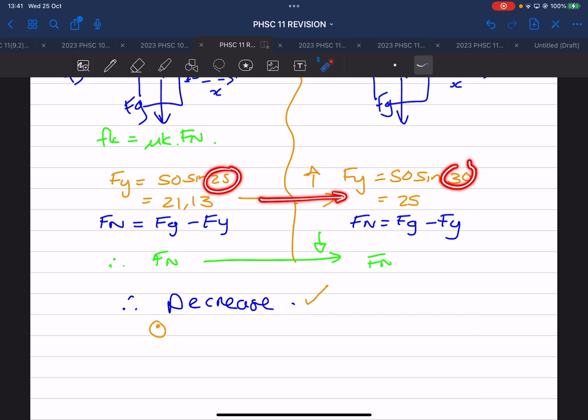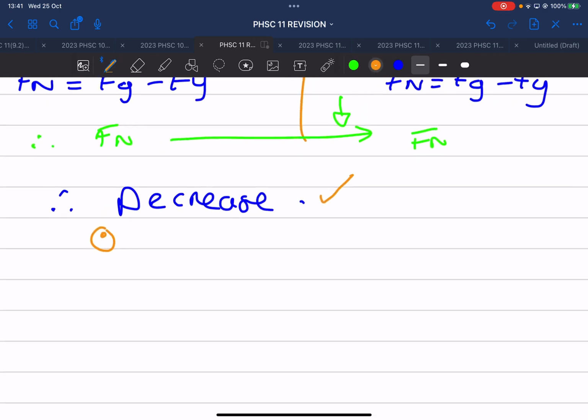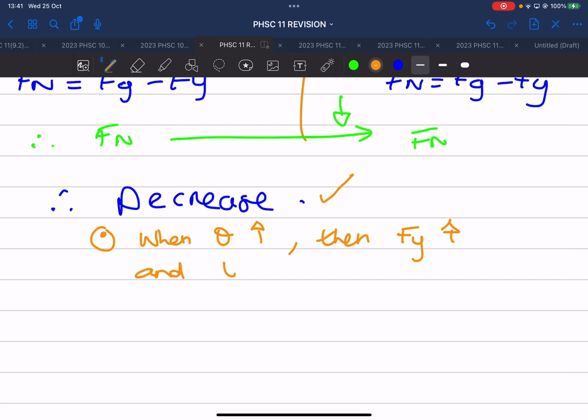If y increased, that caused Fn to decrease. So that's our first statement: we saw that when the angle increased, then Fy increased, and thus Fn decreased. Okay, now please in the test or exam, do not use arrows. You write out increase, decrease, and so on.